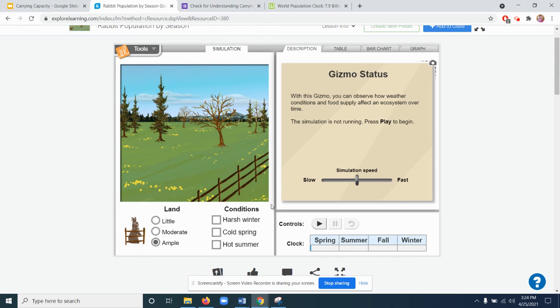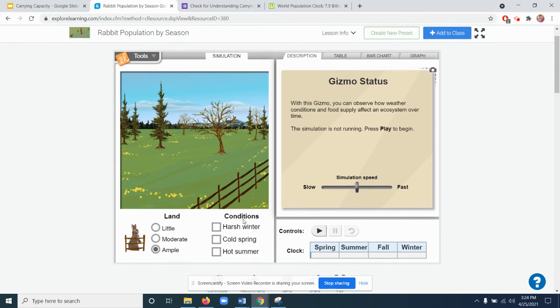So what I want you to do, once I post this, is to actually manipulate it. If you can see here, I'm going to put ample land. There's lots of space for these rabbits, and I'm going to put them in just normal conditions. So let's press play.